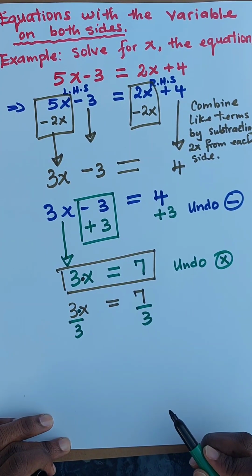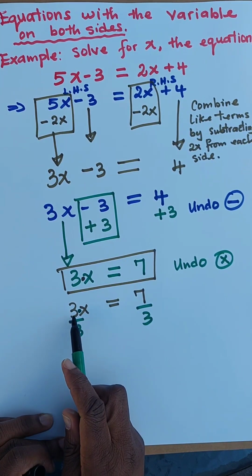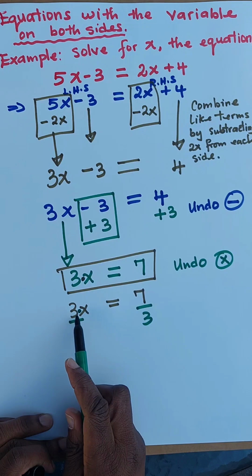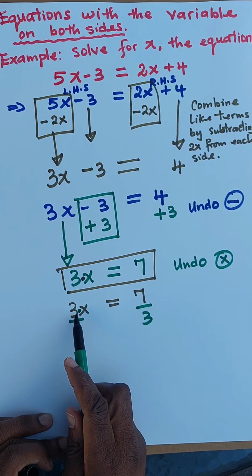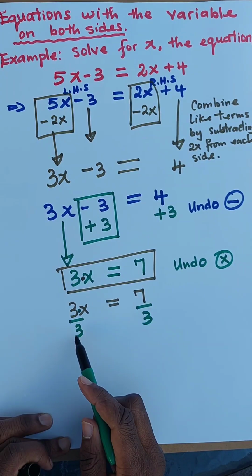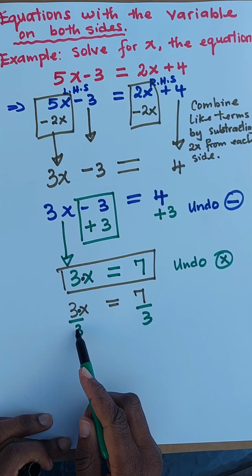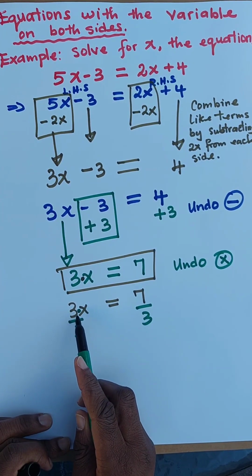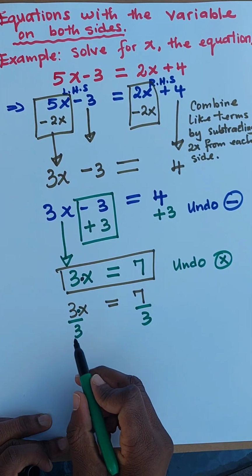Okay, this question comes up. How do I know that I have to divide by 3? You are dividing by the number that multiplies x. If the number that multiplies x here was 2, you would divide by 2. If it was 5, you would divide by 5. That is how you know the number that you divide by, the number that is multiplying the variable x. So it pays off.